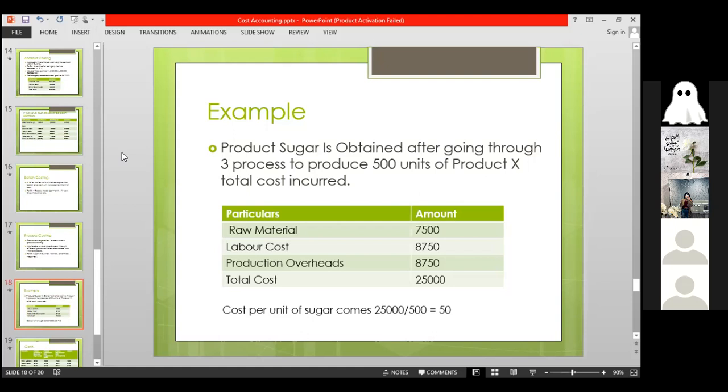It says the product sugar is obtained after going through three processes to produce 500 units of product X. So they are manufacturing sugar and producing 500 units of it, which could be 500 bags of sugar. The costs incurred added up to $25,000 for the company. So $25,000 for 500 units means $50 per unit of product that they produce.